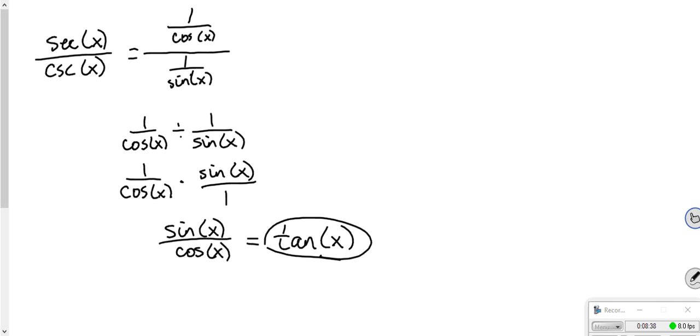Okay, moving right along. We have lots of these. I'm going to do quite a few of them. Next one I have is sine u times tangent u plus cosine u. Okay, tangent, once again, we need to rewrite as sine over cosine.